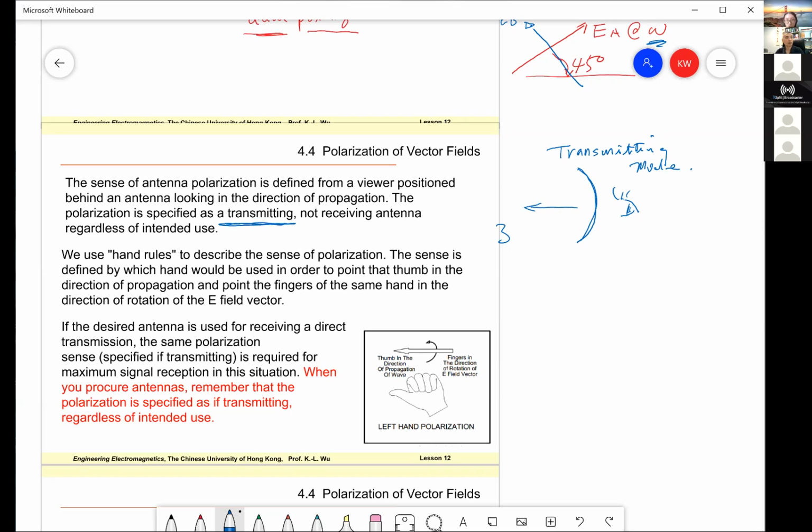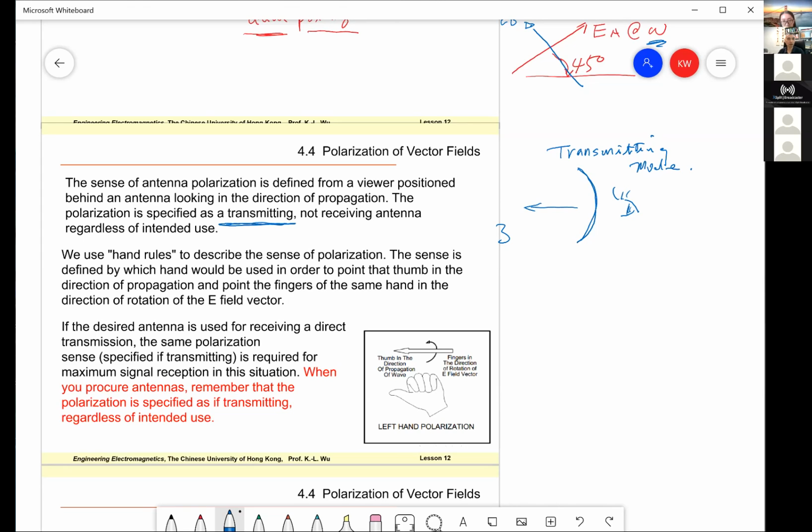Then you may say, if someday my boss asks me to buy an antenna as a receiver, what should I buy? For a receiving antenna, you also buy the antenna with the same definition as the transmitting antenna. You first ask what kind of wave you are receiving.